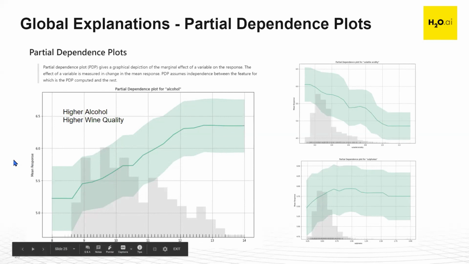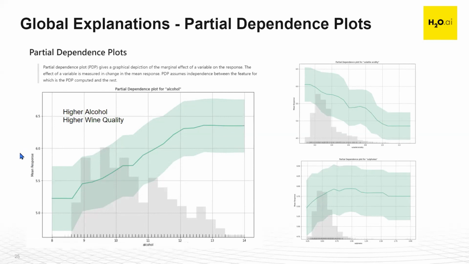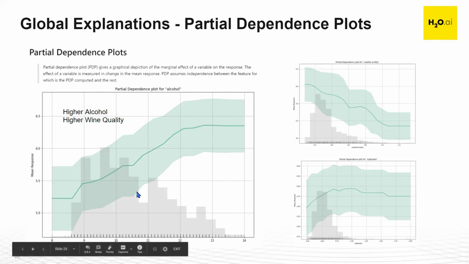So we look at the mean response of predictions when they have different alcohol values. You can see that when the alcohol value is low, generally you can expect a lower response, which means lower wine quality. When the alcohol value goes up, you expect a higher wine quality.